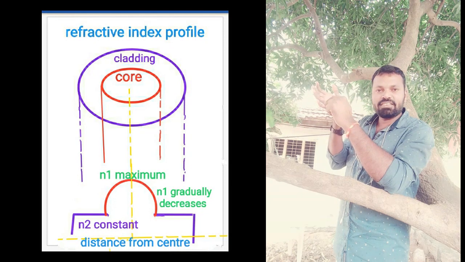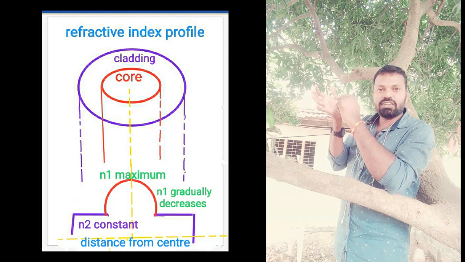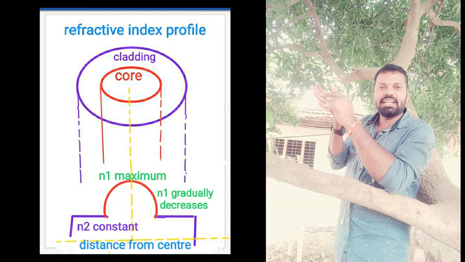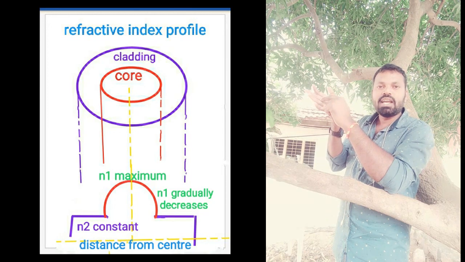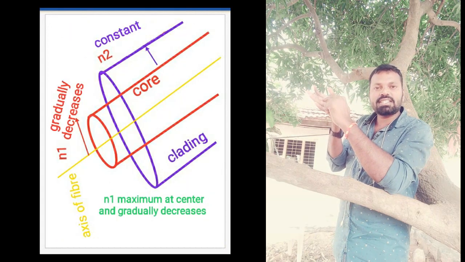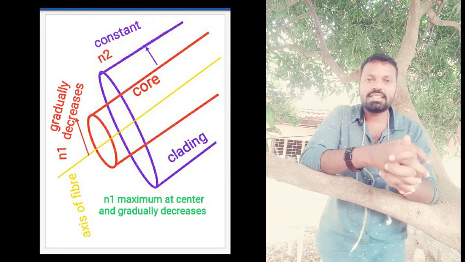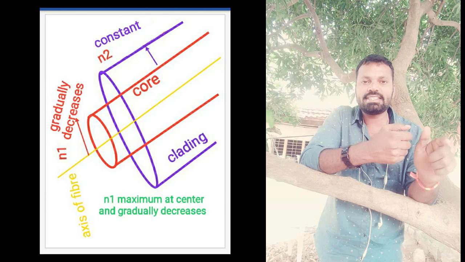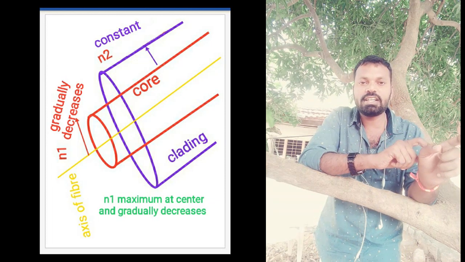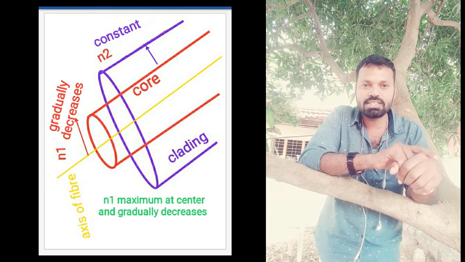At the interface of the core, refractive index gradually decreases and it reaches N2, and N2 is constant throughout the cladding. So, refractive index of core gradually decreases, but refractive index of cladding is constant.